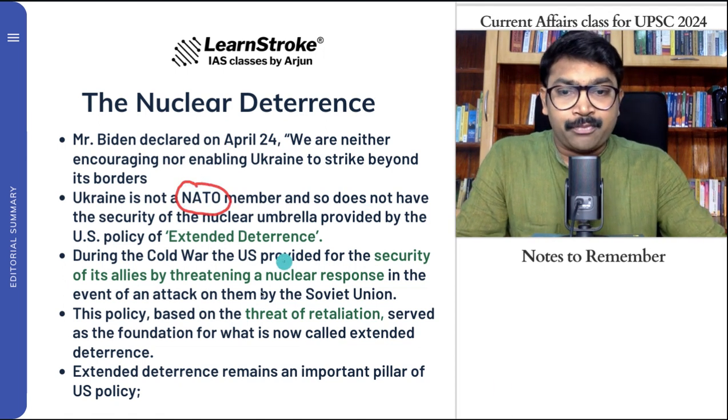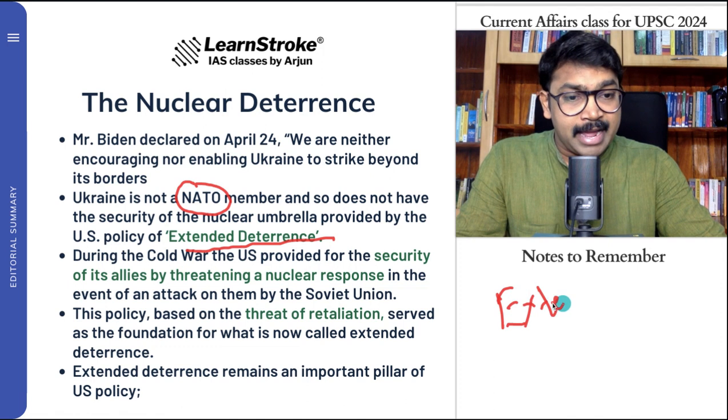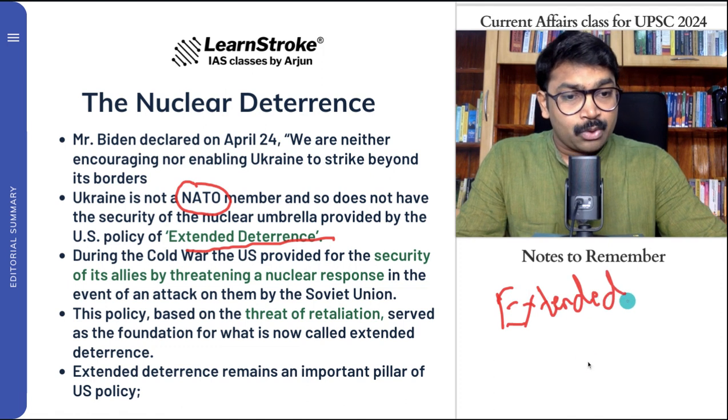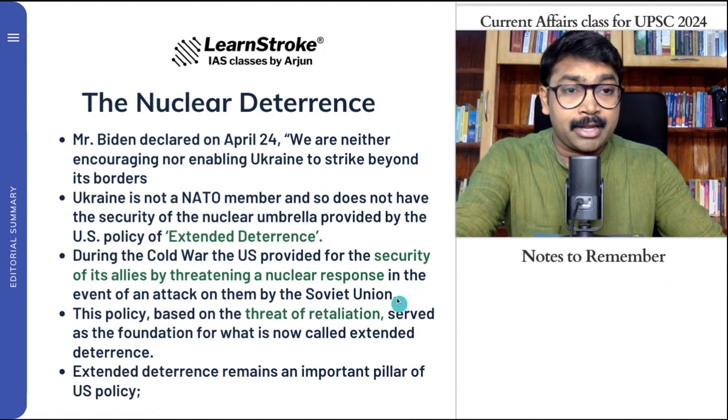In this concept, what is the concept of extended deterrence? This is a new question, so you should know what is meant by extended deterrence. This is a very strong concept of American nuclear policy.